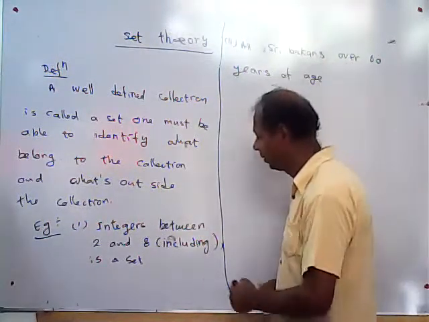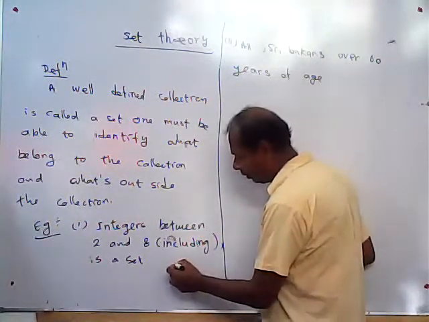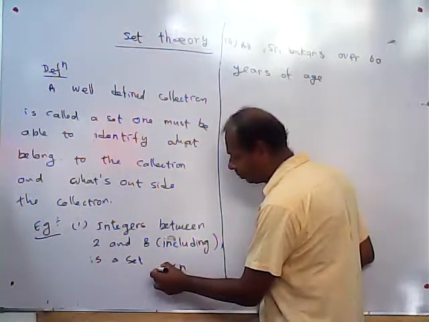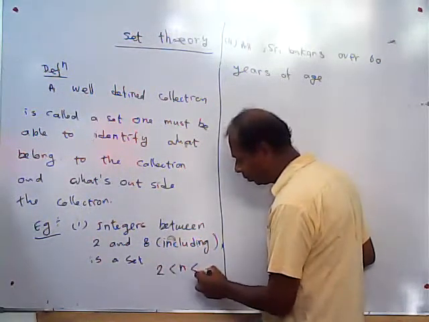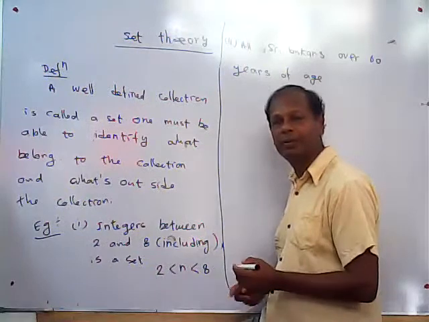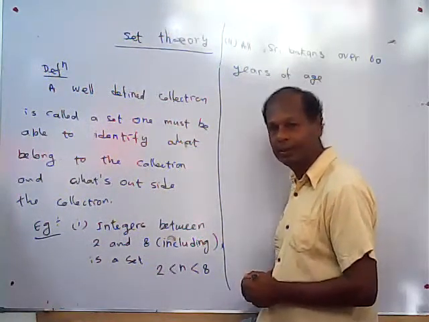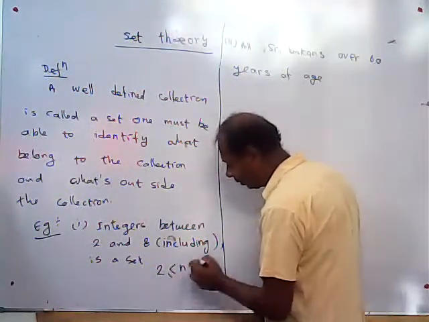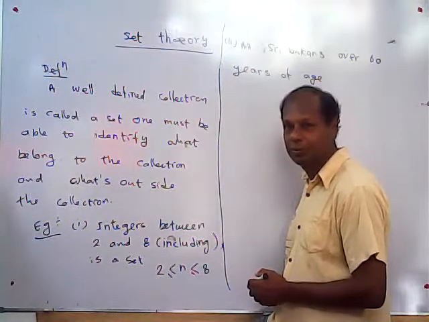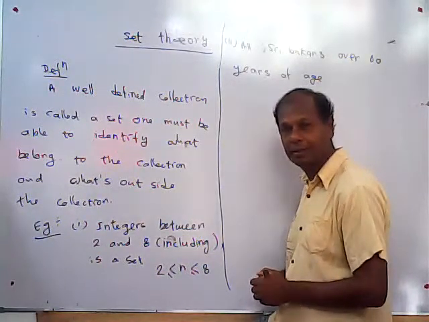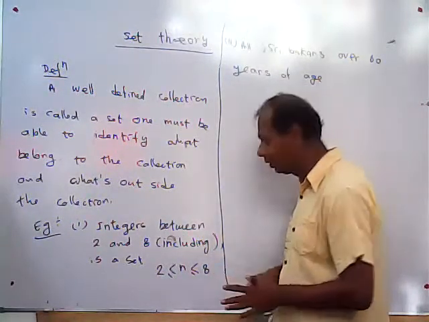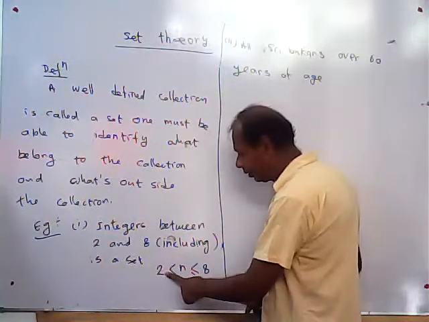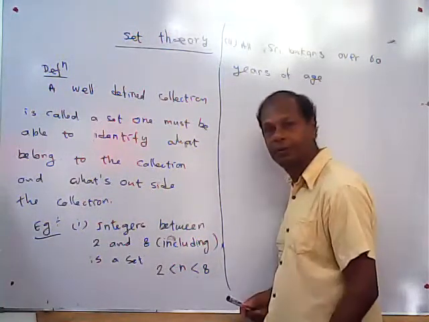That is the n, the thing is greater than 2 and less than 8. You read this also as between 2 and 8. This also is read as between 2 and 8. You see, there is a huge difference between with equal and without equal.